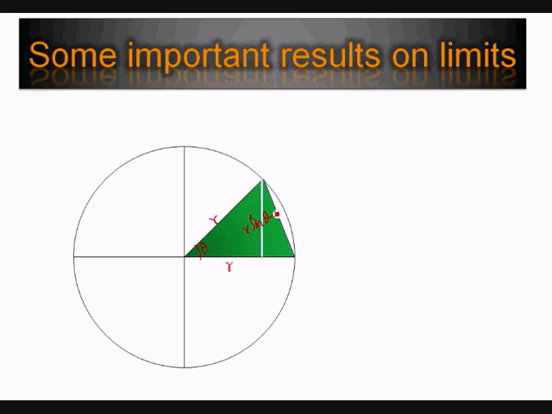And if I have to find the area of this triangle, then it will be half times base times height, and the base is r, therefore half r and r sine theta, because the height is r sine theta, which is half r square sine theta. This is the area of this green triangle. Now let me consider the area of this sector.